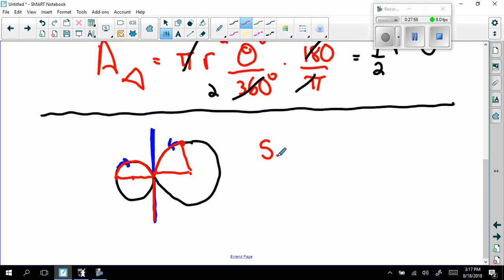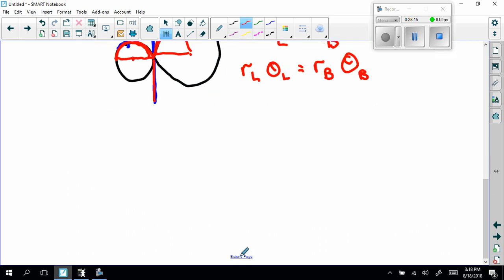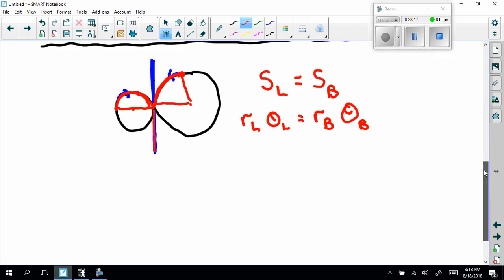So arc length little equals arc length big. But that's r little theta little equals r big theta big. Now what the book is going to do to you, they're going to give you 3 of the 4 and you solve for the fourth one, but you know it's radians only.